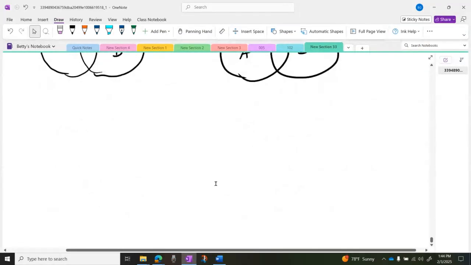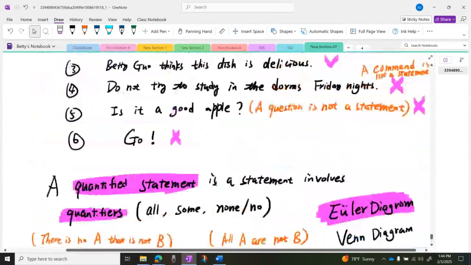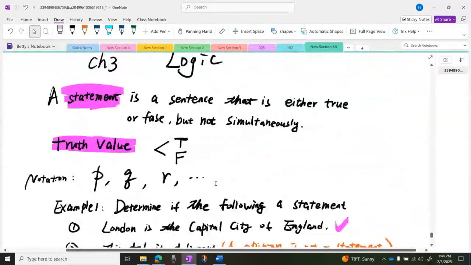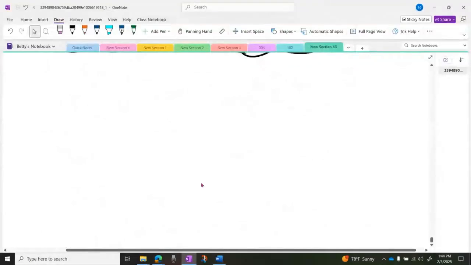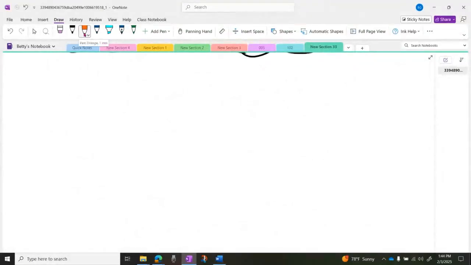Next concept, we want to talk about negation. We have already learned what a statement is. Say P is a statement.